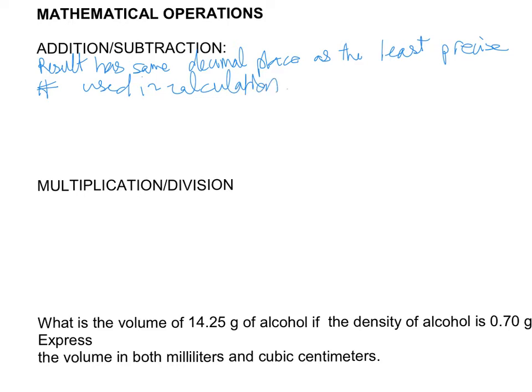So what we care about here is decimal place. So for example, let's say I have 12.11 centimeters. I'm going to add to that 8.0 centimeters and then 1.78 centimeters.